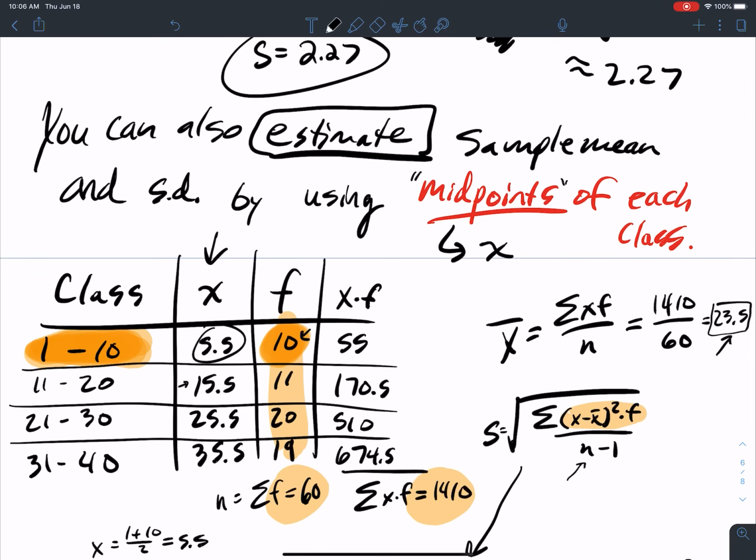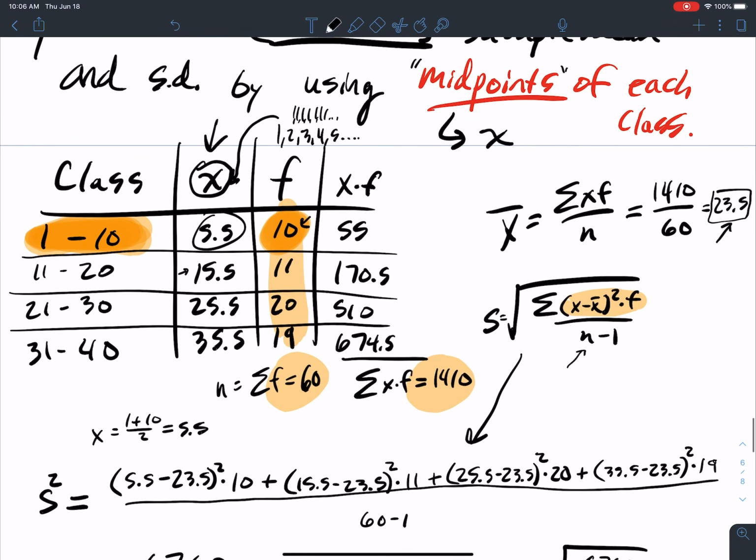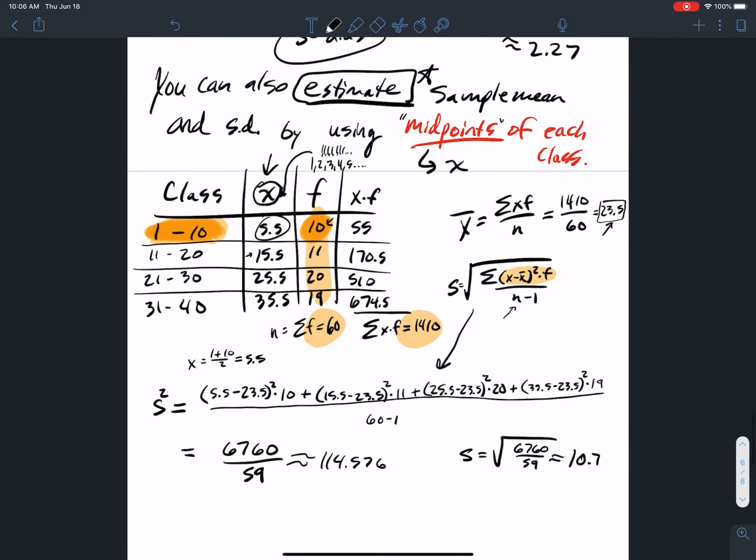We don't know what those numbers are. Those numbers could be 1, 2, 3, 4, 5, 6, 7, 8, 9, whatever. They could all just be 1, and then it's just 10 ones, right? So we don't know what it is, so the best guess we can do is the midpoint. And so that's what we adopt as our x value, okay? So that's the idea behind it. So it only gets an estimate of it.